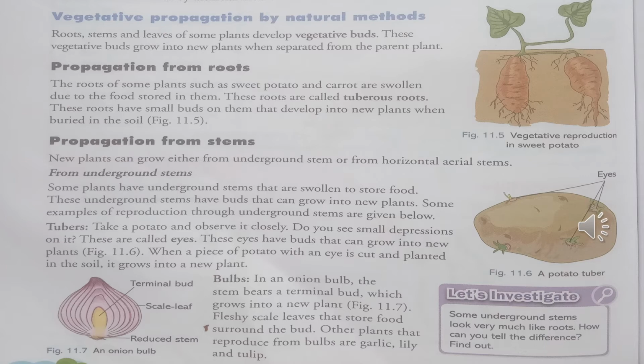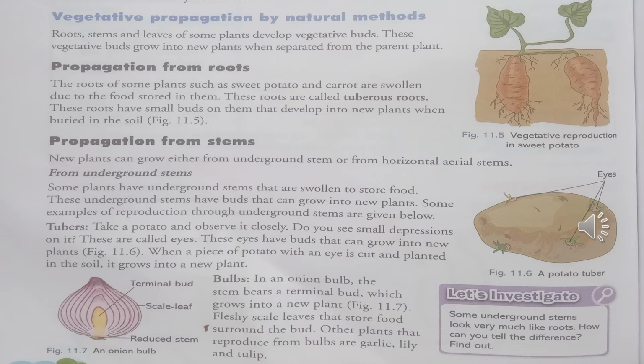The roots of the sweet potato and carrot are swollen because food is stored inside them. This kind of root is called tuberous roots. These roots have small buds on them, and gradually they develop into new plants when buried in the soil.